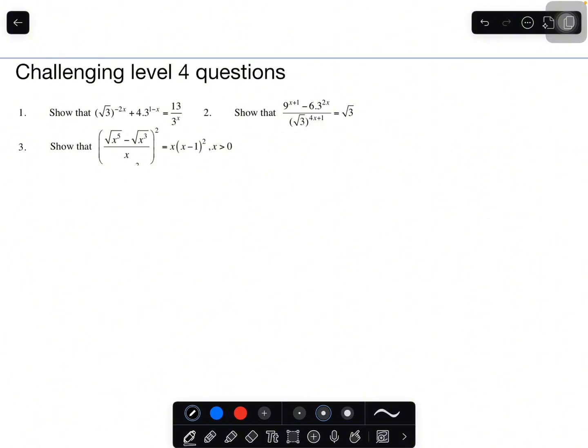So we're going to say the left hand side equals, okay, now this root 3 can be written as 3 to the power a half.